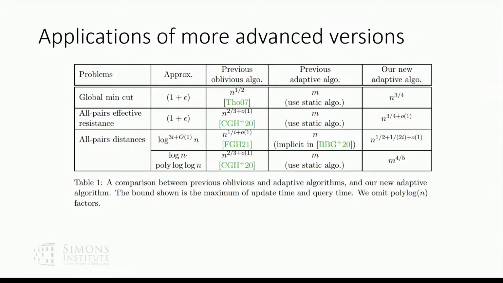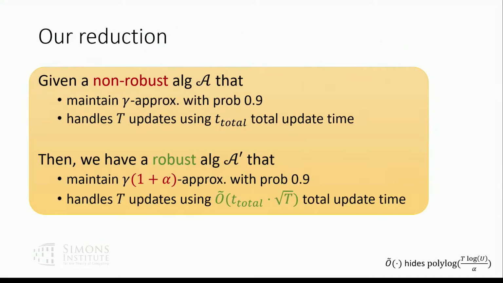Previously, adaptive, robust algorithms were quite slow, and with these techniques you get something that is non-trivial, although not as fast as the oblivious one. Anyway, this is what we want to look at today, the simple to state transformation.